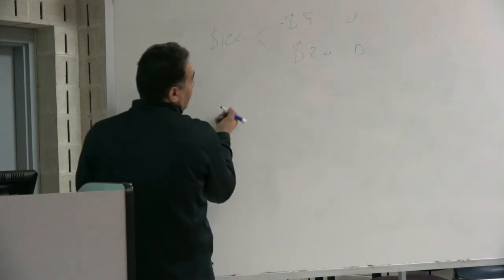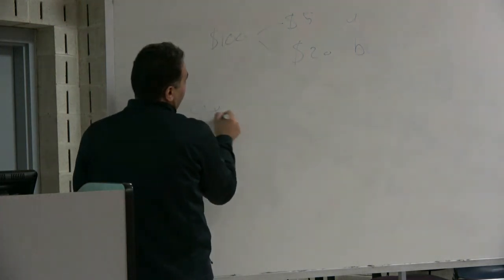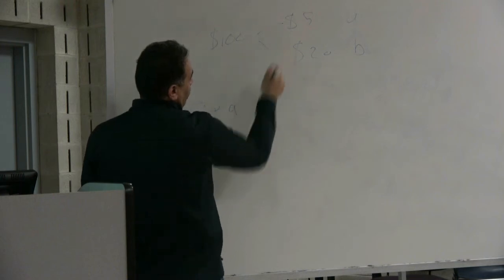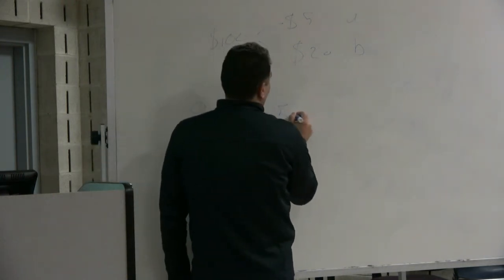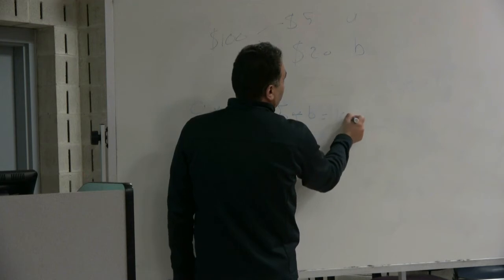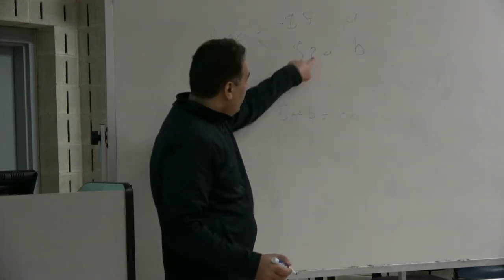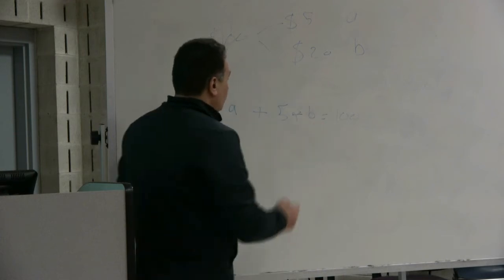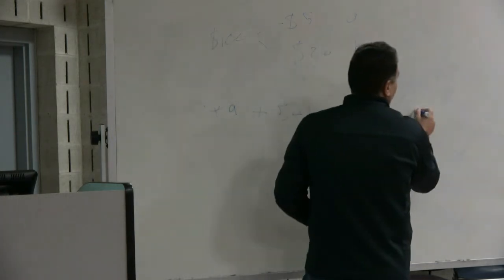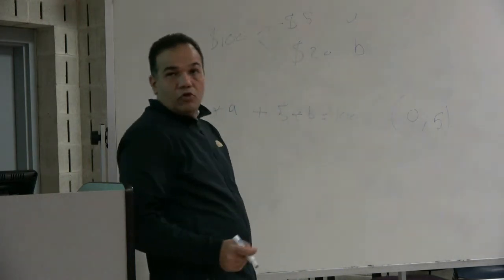So you could, for example, have 0 times 5 plus 5 times 20 will give you $100. You agree? Yes. Right? B is how much? $20. 5 times 20 will give you 100. So what is the set in here? 0 and 5. Right? There's one option.